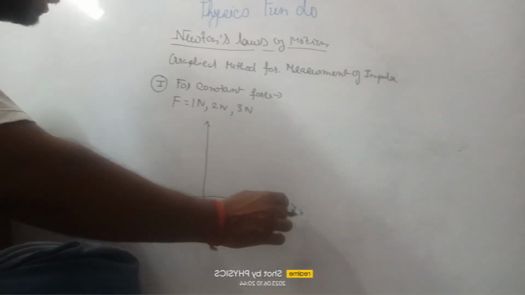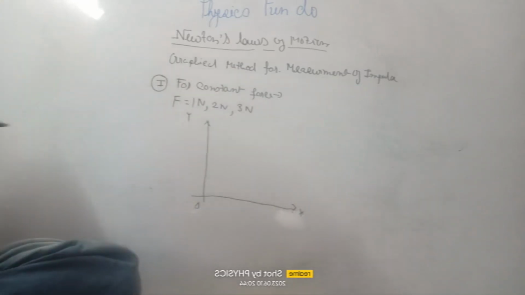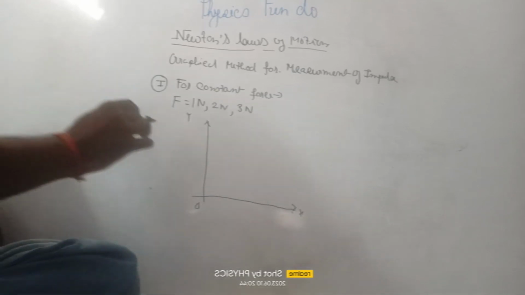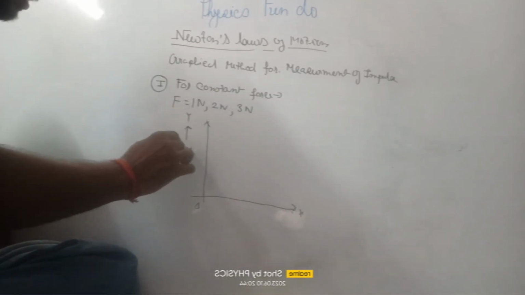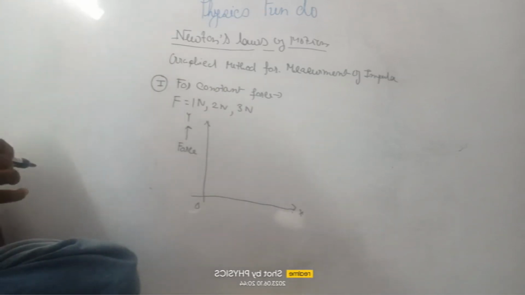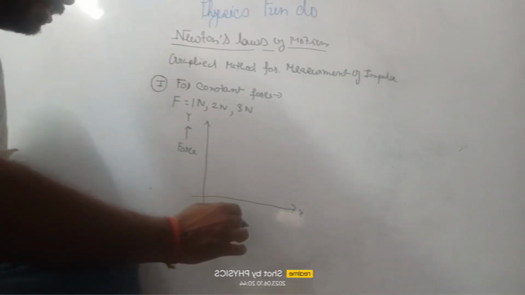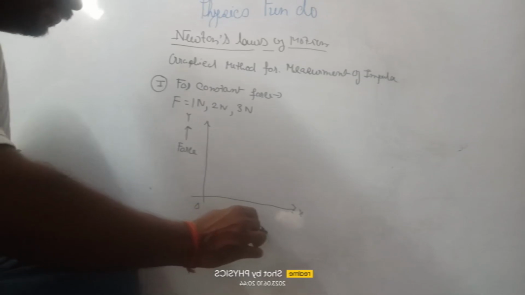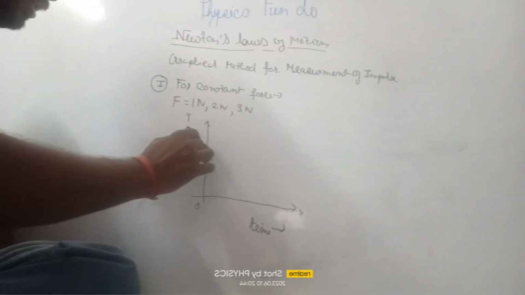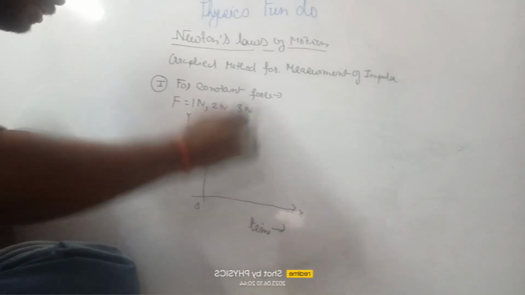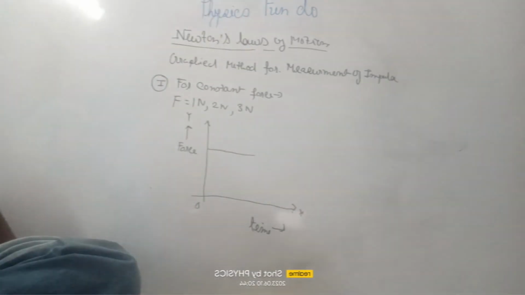This is OX and OY. O is the origin. Let us take the force along the OY axis, and OX axis is time. Now as it is a constant force, let us take a graph parallel to the time axis.